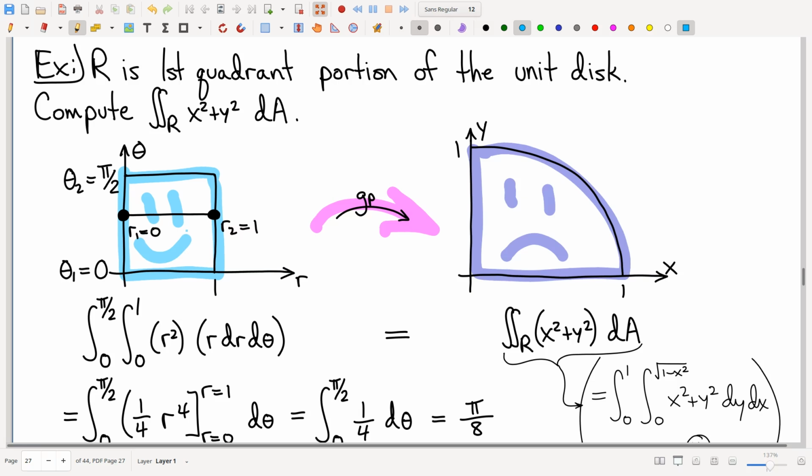So now how do I know this is true? How do I know this is the pullback? I can just look at the edges one at a time and note that the edges on the left, when you put them through the polar coordinates function, just turn into the edges on the right. So for example, let's look at this edge right here. That edge is where r equals 1. You can see it right here in the picture. r is equal to 1 for this whole edge.